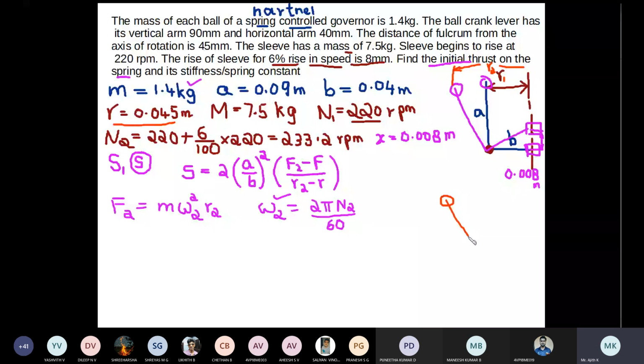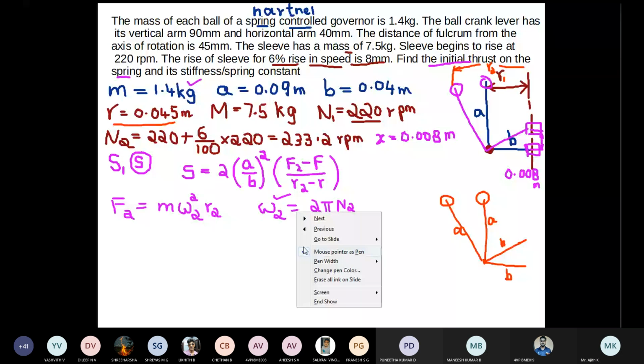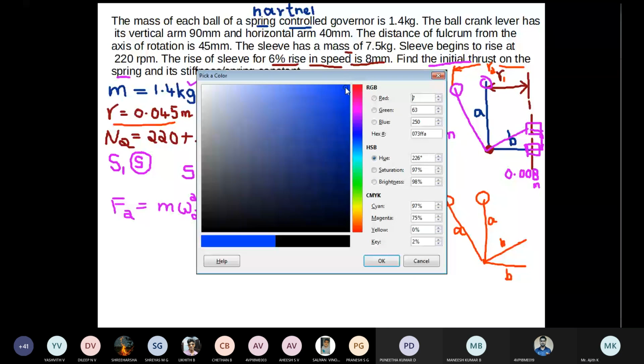Just analyze this drawing. This is the initial and final position of ball arm, and this is the initial and final position of sleeve. Here given values are, this is A, this is A, this one is B, and this one is B. Final position will mark using blue color.